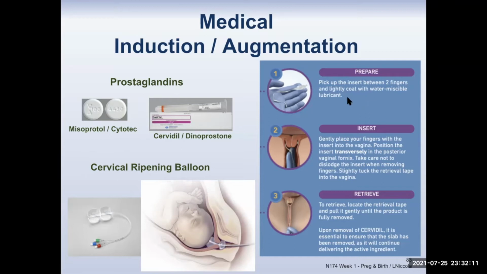And then we also have a Cervidil, a different type of administration technique here, where the medication is placed in a little piece of almost like a tissue or piece of cloth, and then it's hooked up to a string, inserted and placed behind the cervix in the posterior fornix, and then the string is left in the vagina but placed so that it can be retrieved.